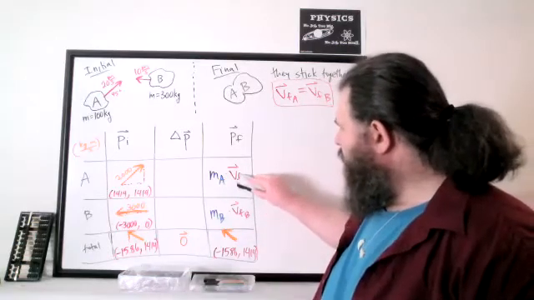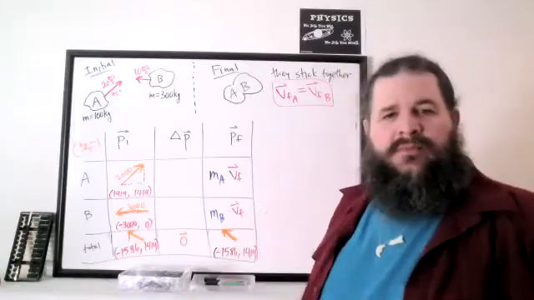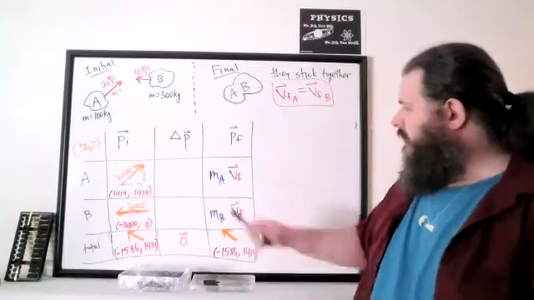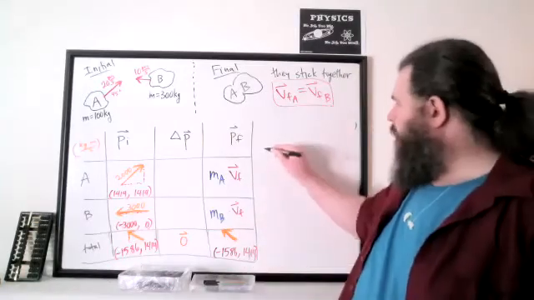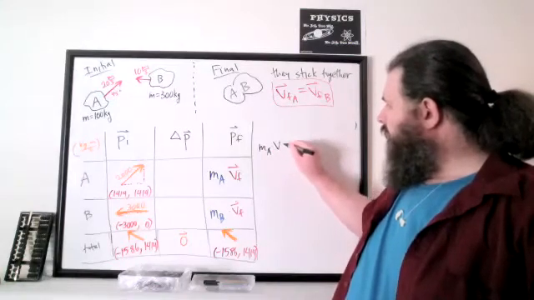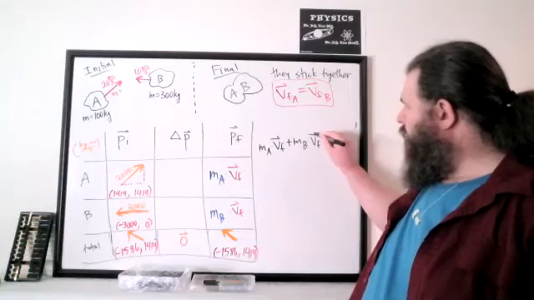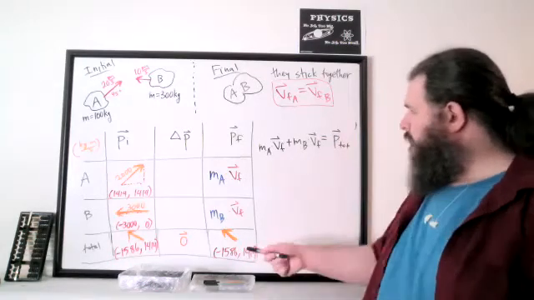It's not V final A and V final B, it's just V final. And we know what those masses are. So we can now write this out by saying this final momentum plus this final momentum equals this total momentum. Mass A times V final plus mass B times V final equals total momentum, which we know.